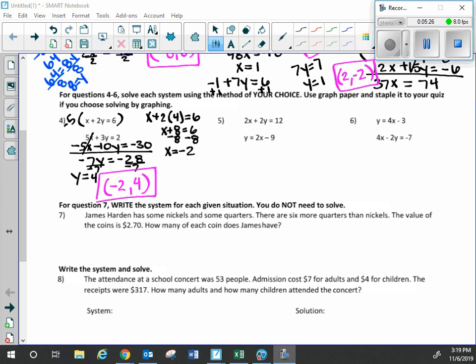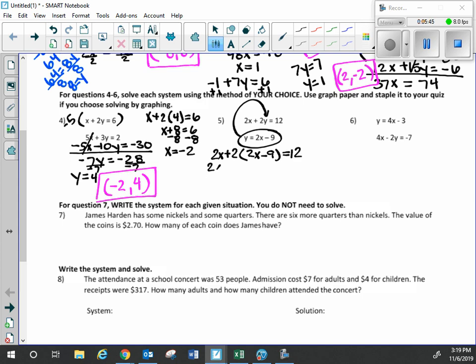Okay, number 5 is set up perfectly for substitution. You have one equation solved for y, so we're going to plug it in for y here. So 2x plus 2 times 2x minus 9 equals 12.